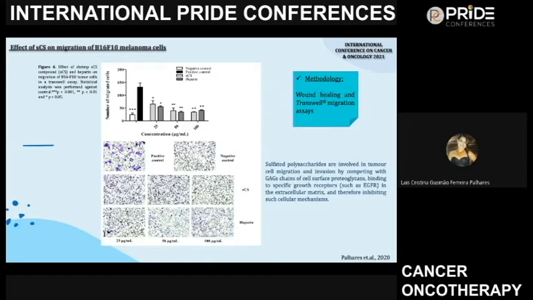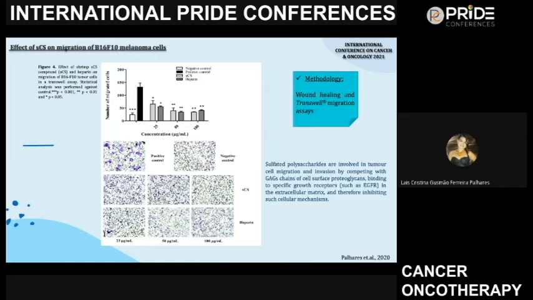And we came to a hypothesis here. One of the things that we already know from studies in the literature is that GAGs are able to bind. Like I said, GAGs have unique structures. They are big, negatively charged molecules, so they very easily bind to different biological proteins. It is well known that GAGs are able to bind to cell surface proteoglycans like CSPG4, for example, in melanoma cells.